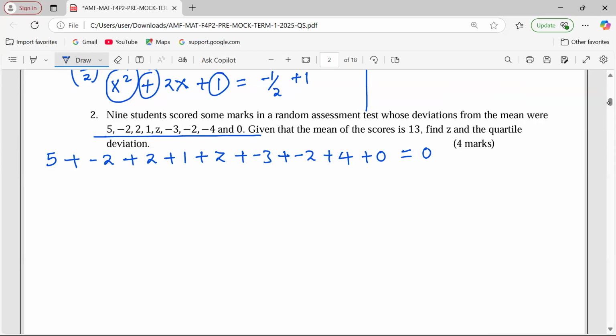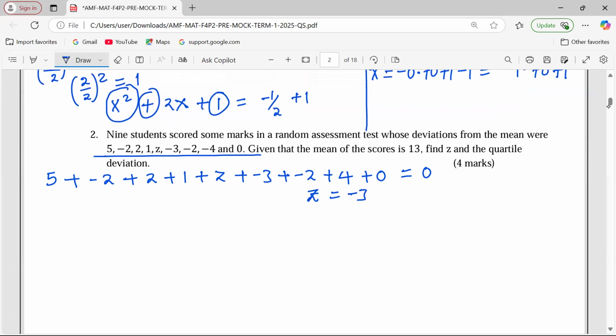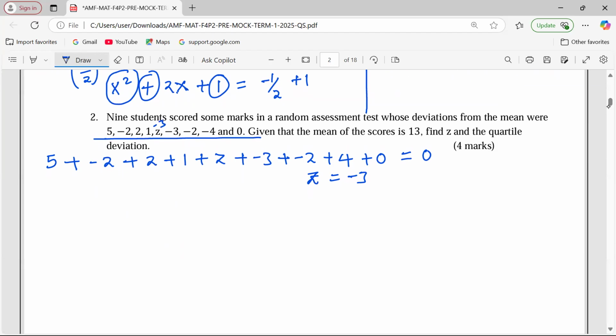So now through combining all these terms, then we take them to the right-hand side, you discover that the value of z is exactly -3. So now all the deviations can be listed as 5, -2, 2, +1, and instead of z, we have a -3 there. So that is the value of z.